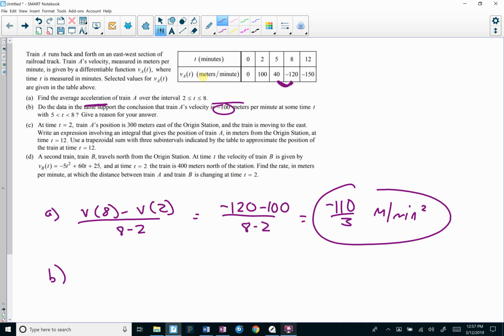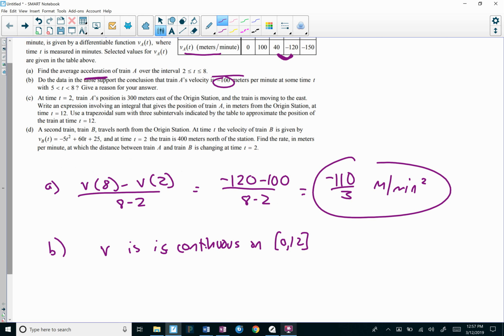So the fact that it's asking when does the function, velocity, equal negative 100, then we got to use the IVT. So we need to say, okay, well, velocity is continuous on 0 to 12. So the function is continuous on the closed interval.